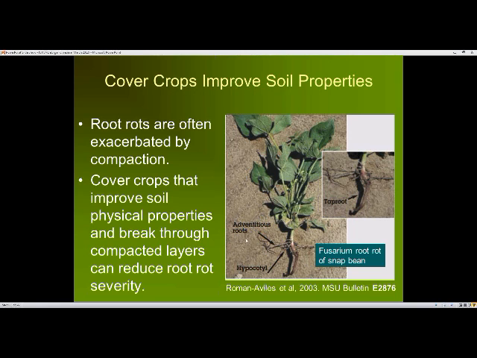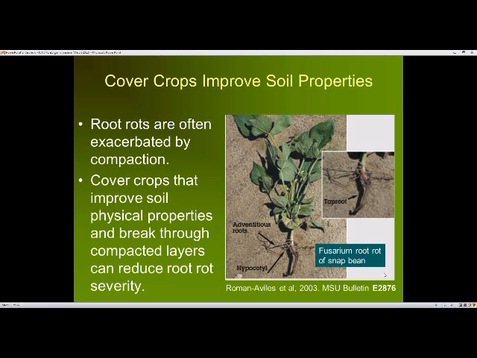So for reasons like that, plants growing in compacted soils are much more susceptible to root rots. And one of the classic examples of this is fusarium root rot of snap bean that you see here on this slide. Very important soil-borne disease of beans, and very, very much made worse in compacted soils.